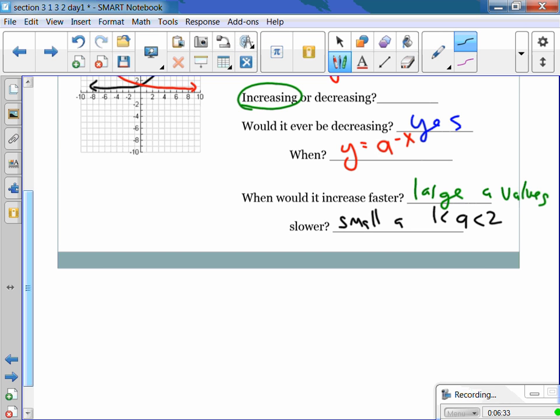Why did I say between 1 and 2, not between 0 and 1? Could those be the small ones? 0 to 1 is a lot smaller, isn't it?